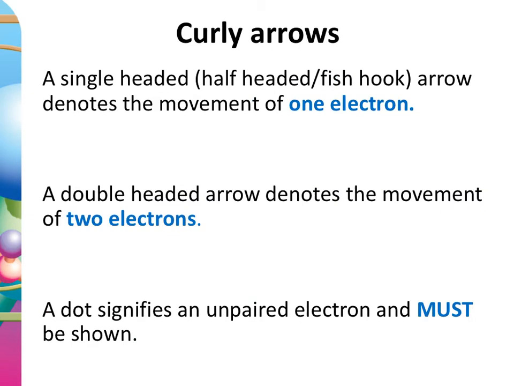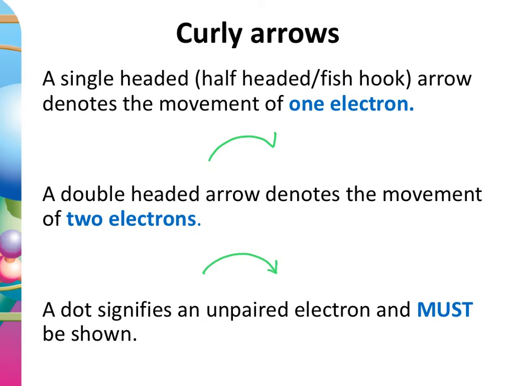So on the previous two slides I used arrows, and they were to represent the movement of electrons. We can represent the movement of one electron if we use a half-headed or fish hook arrow, something that looks like this. And if we use a double-headed arrow, or what you would probably think of as a normal arrow, that denotes the movement of two electrons.